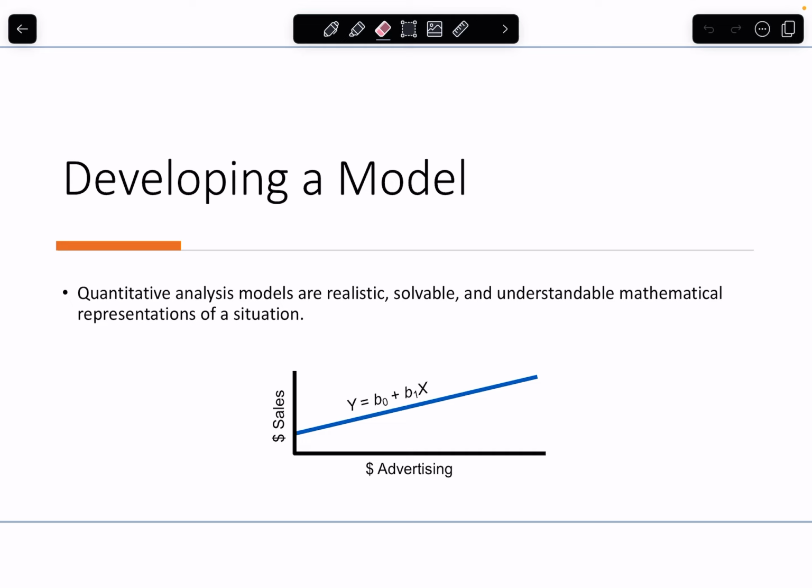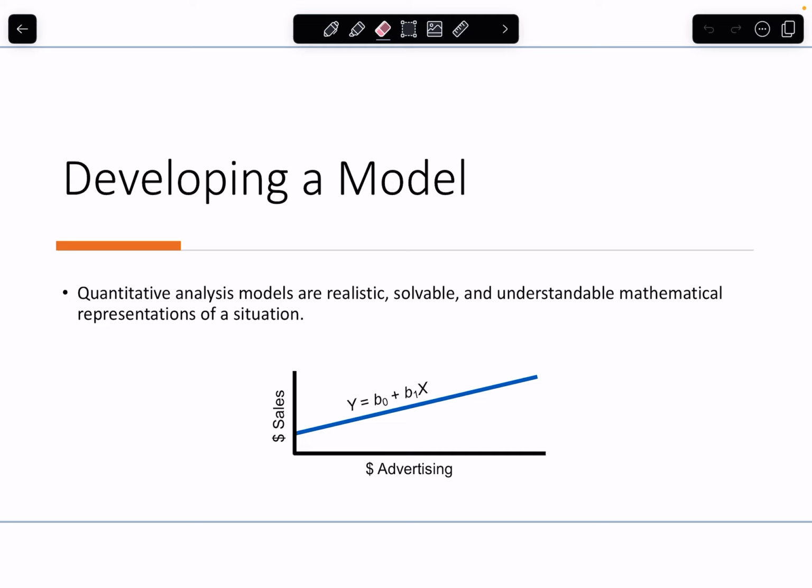Developing a model can be done through different approaches, from linear programming, nonlinear programming, network analysis, game theory, or even a decision tree. We can develop a model that could represent a certain problem.